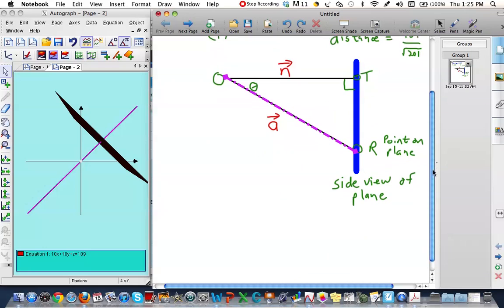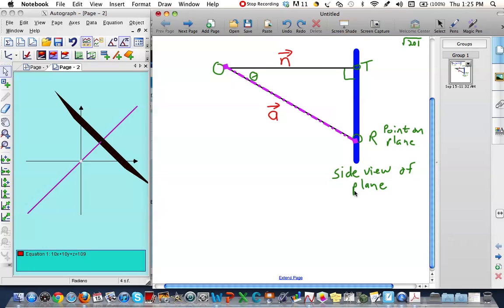Okay, and so to begin with, what we're going to do is use very basic right triangle trigonometry in order to find an expression for OT, OT, of course, being the distance of the plane from the origin.